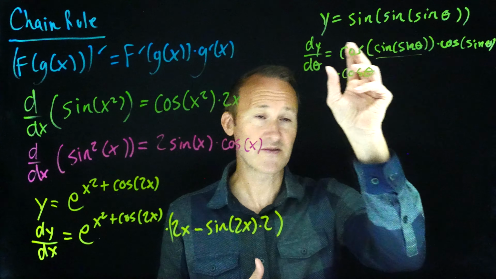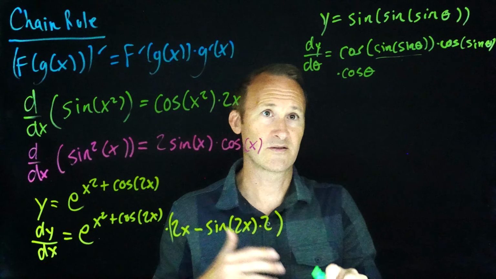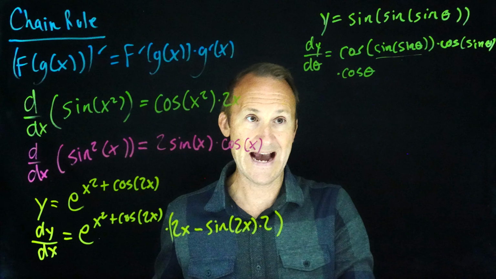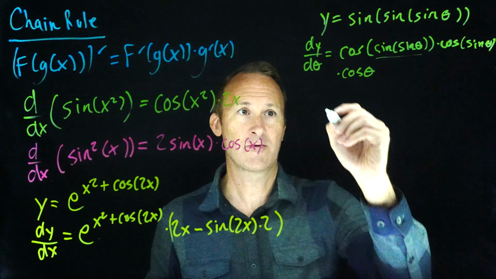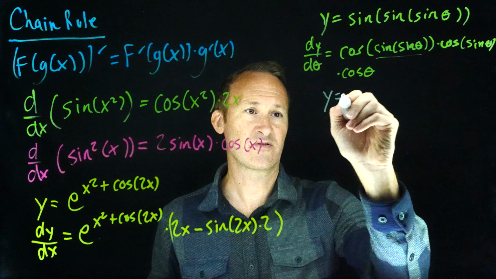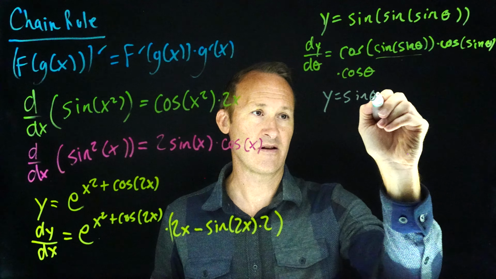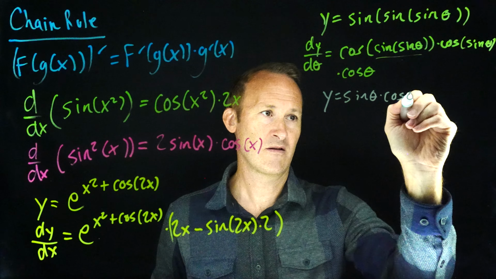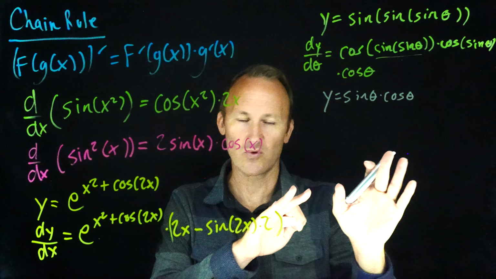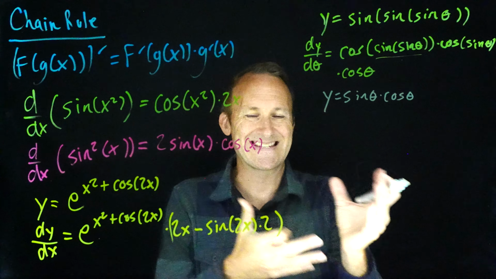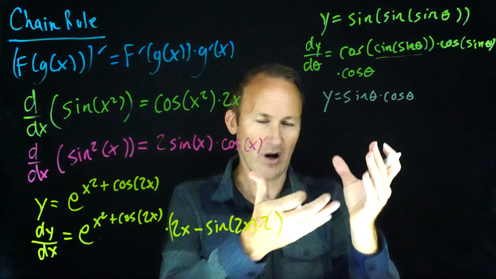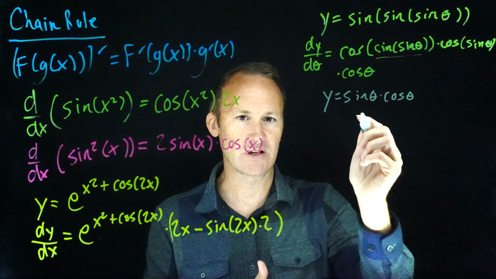This is not sine times something. If we had, for instance, y equals sine theta times cosine theta, there's no chain rule here. This is not one function inside of another. This is the product rule. You're just multiplying two together.